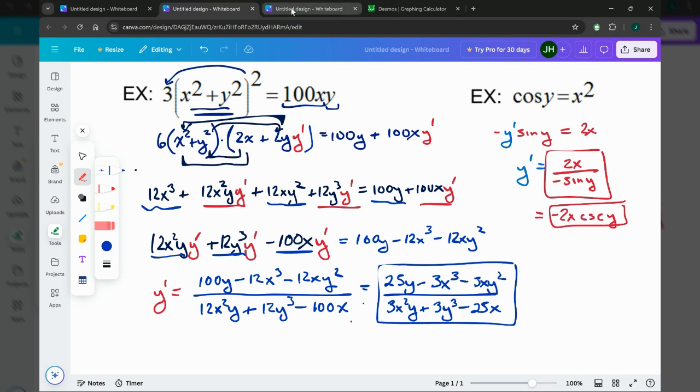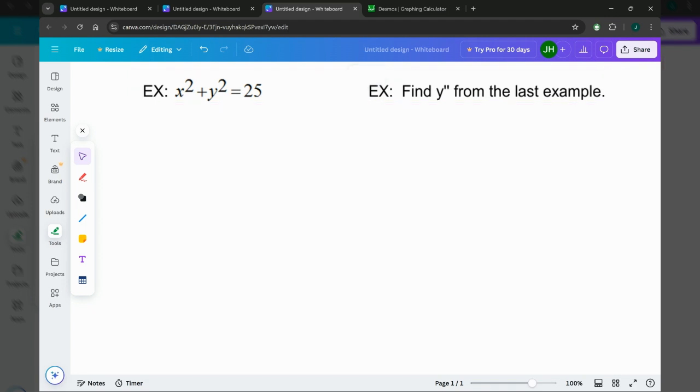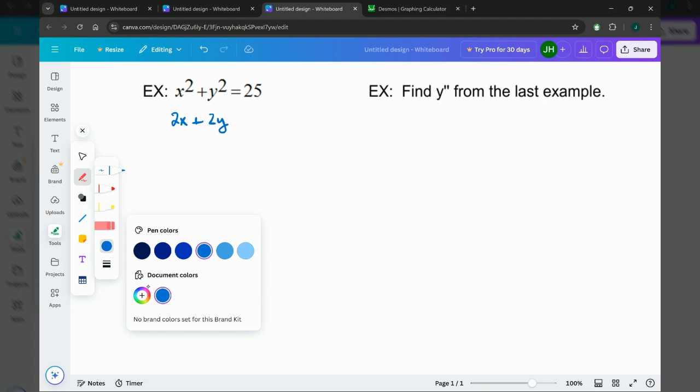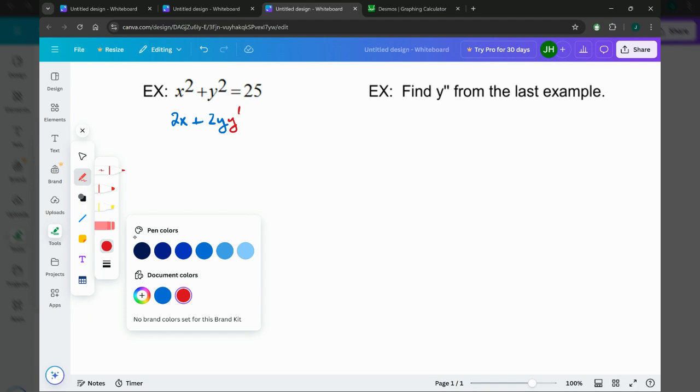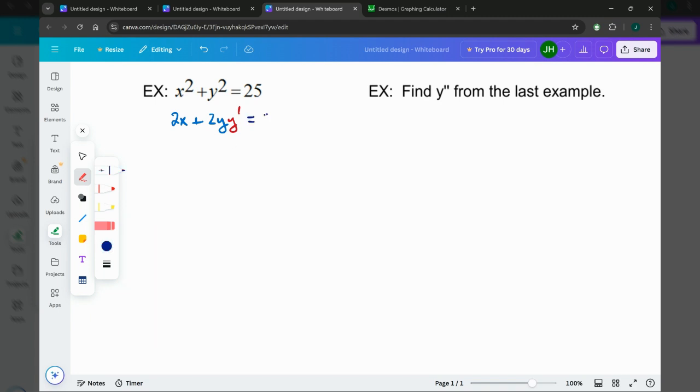Now, one quick thing before I let you go, we're going to find the derivative of a circle. Yes, this x squared plus y squared equals 25 is the circle of radius 5 that's centered at the origin. And the derivative would be 2x plus 2y. And what's the derivative of y? You got it. The derivative of y is y prime, and the derivative of the 25 is going to be 0.